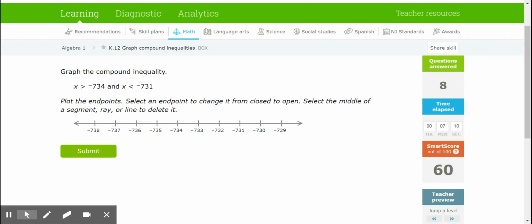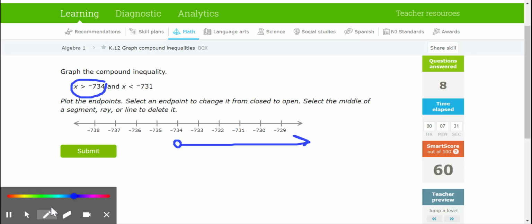Okay, it's starting to look a little bit more complicated, but it's still the same thing. Now, this is an and statement, so it's got to overlap. Let's draw it out real quick. We've got over here x is greater than -734, so that'd be an open circle there with a line heading that way.